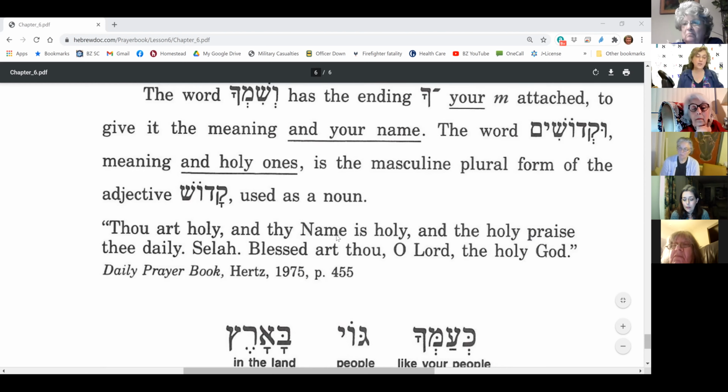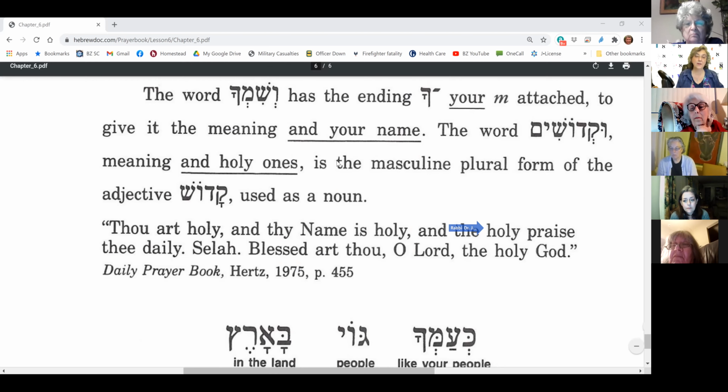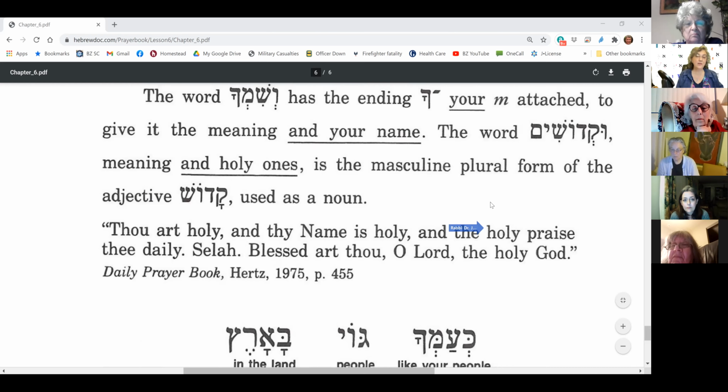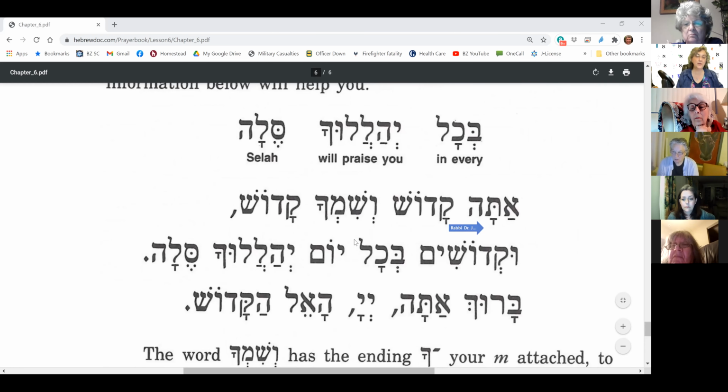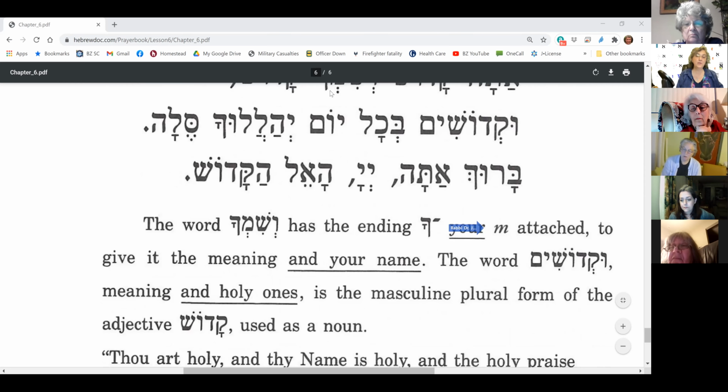Kedoshim. Actually, the way they translated it, let me give you my arrow again so you see where I am. It says the holy. I would say the holy ones, but you're right, it doesn't have a ha on there. When they're doing the translation here, you see where I am?